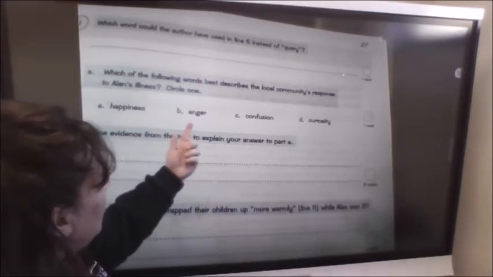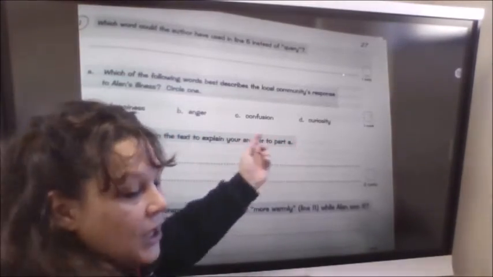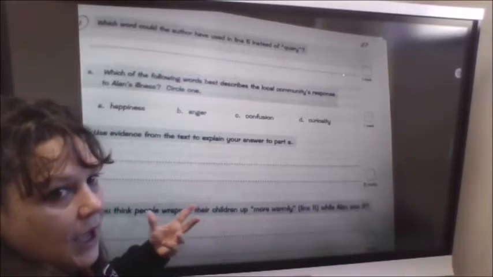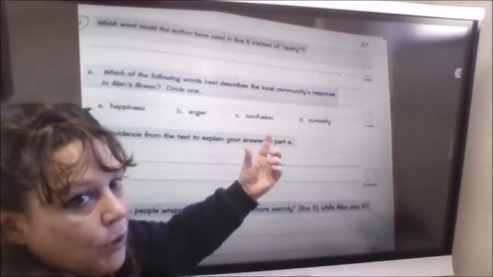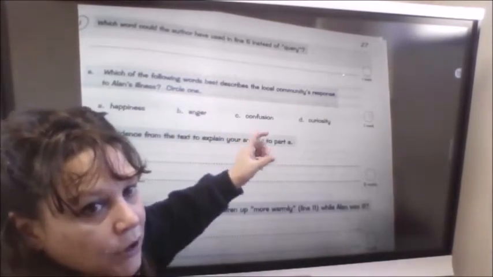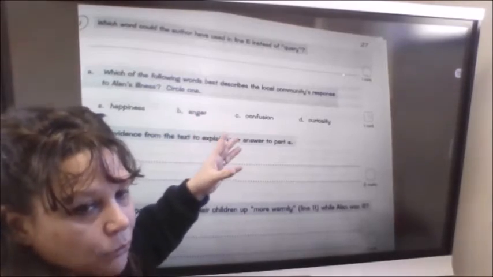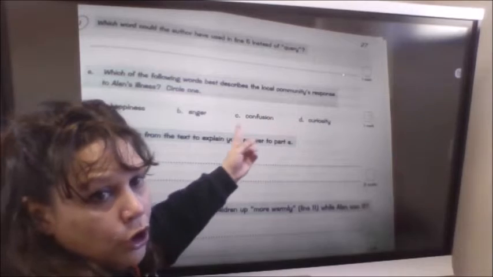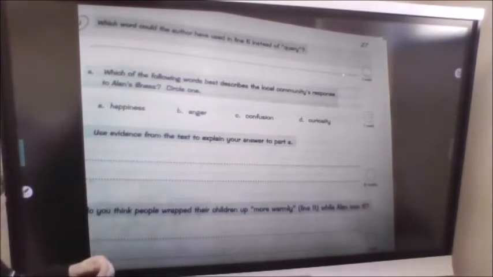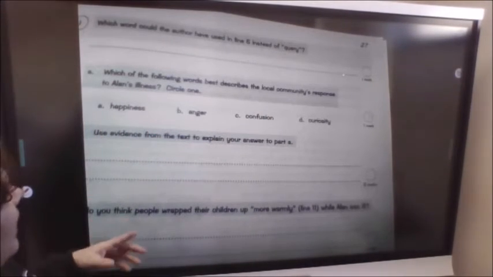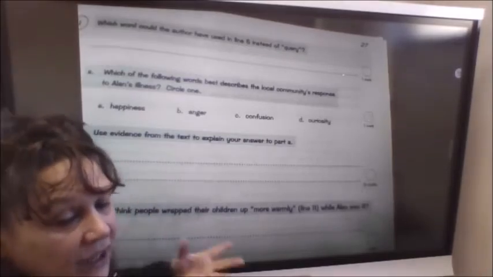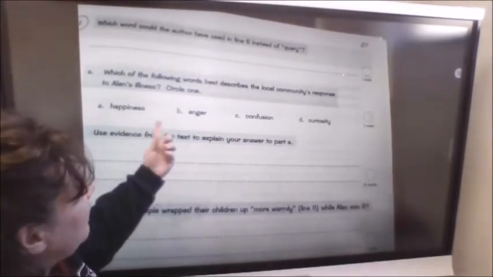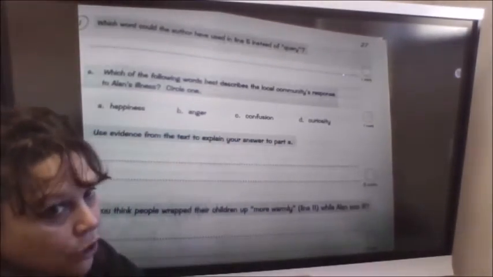So is it happiness, anger, confusion, curiosity? Read the text through where it talks about the neighbours and how they go past the house now. If you're not sure of any of those words there that are in question 2, then look them up in a dictionary or thesaurus, and then you'll be able to circle one of them.